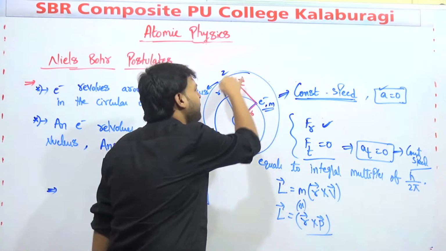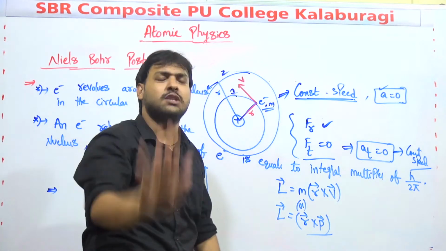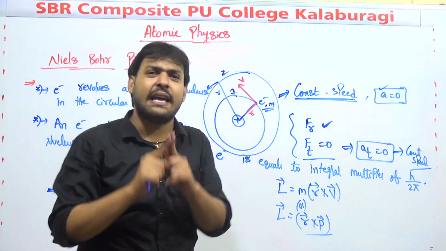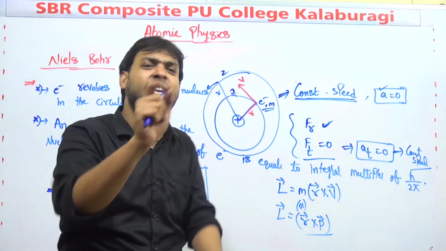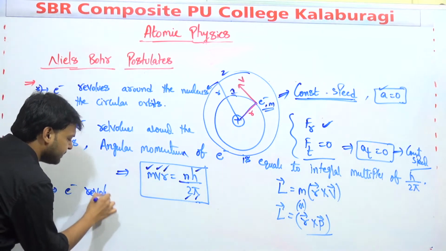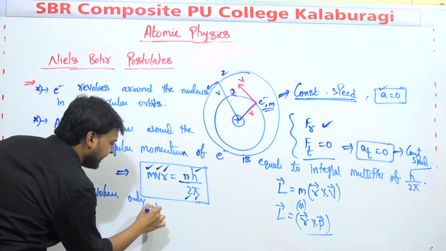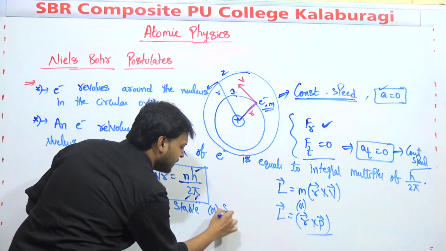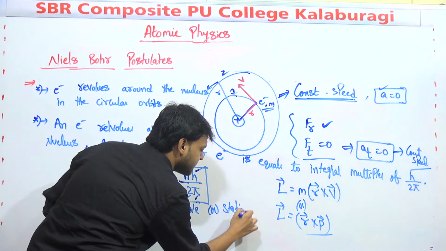In between, 1.5, 2.5, all those won't be there. Why? Because electrons will revolve only in the stable or the stationary orbits. Very important. Electrons revolve only in stable or stationary orbits.